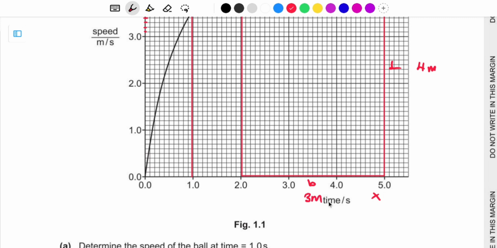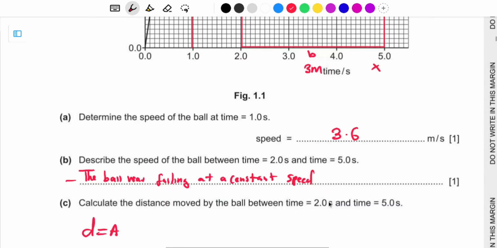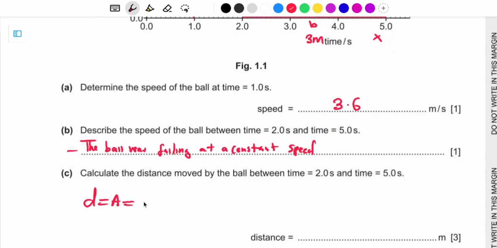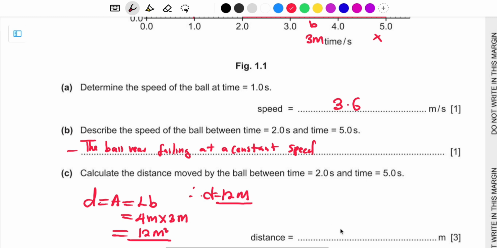So we have 3 meters here. The formula is length multiplied by breadth. Length is 4 meters, breadth is 3 meters. When I multiply, I get 12 meters squared. But we are looking for distance, so distance is equal to 12 meters, because distance is measured in meters.